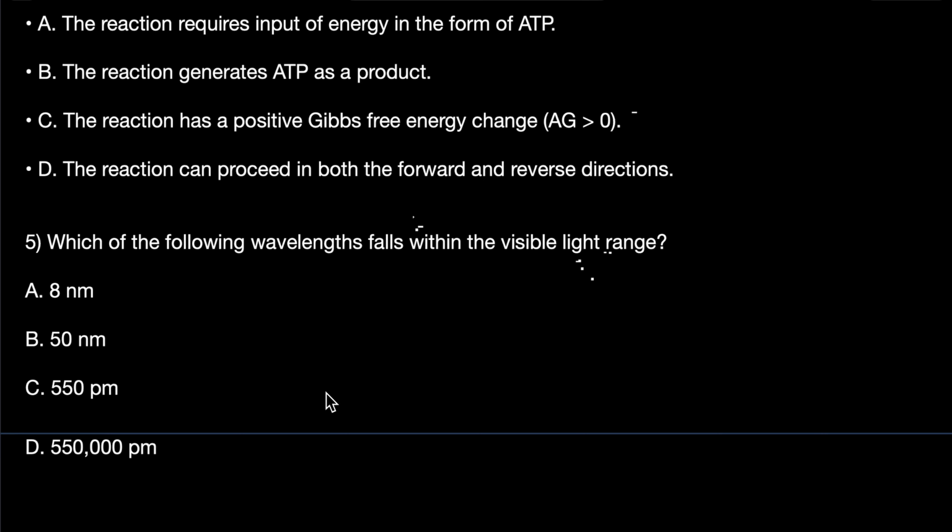Second, if you want to turn picometers into nanometers, you need to divide by 1000. 8 nanometers is not within the range, 50 nanometers is not within the range, and 550 picometers is not within the range. But if we divide this number by 1000, we get 550 nanometers, which is between 400 and 700 nanometers, which means it is within the visible light range.